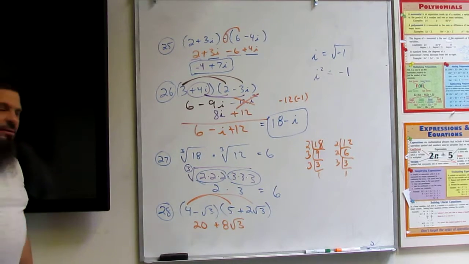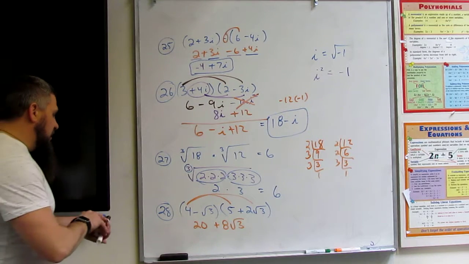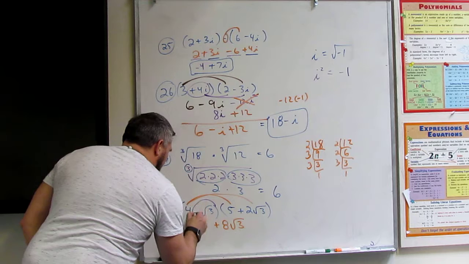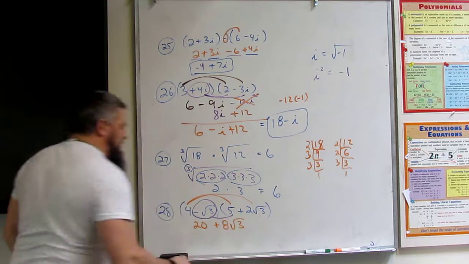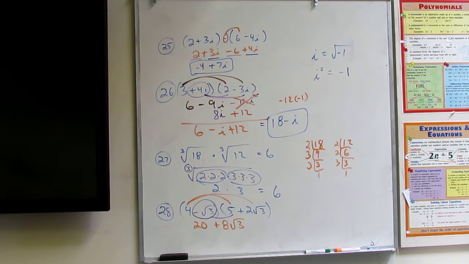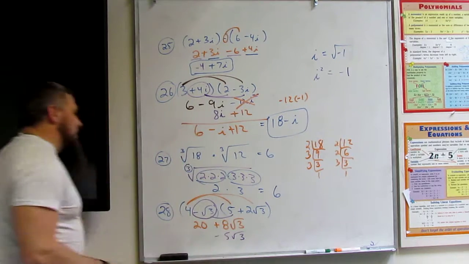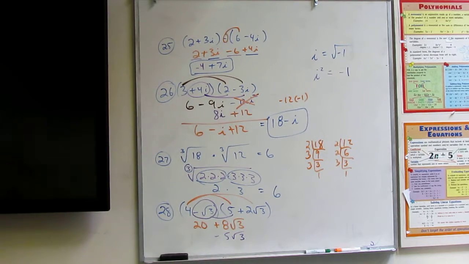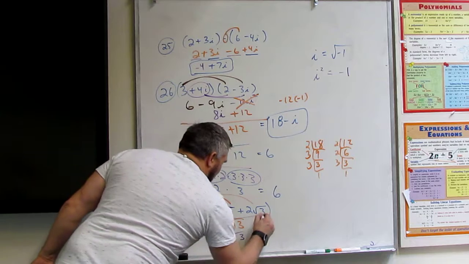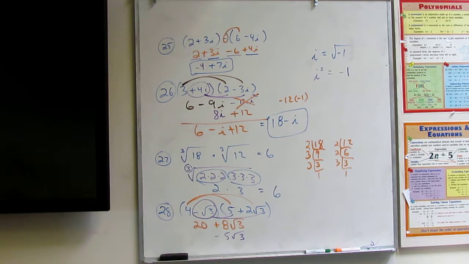Then what is negative 3 square root of 3 times 5? Negative 5 square root 3. Very good.